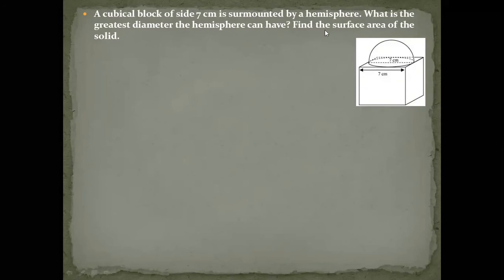And now we have to find the surface area of this solid. One thing you have to remember is that this hemisphere is just placed on this cube. So whatever area pi r square it covers, we have to subtract, because it will not be counted in the total surface area, as it is taken from the given cube.